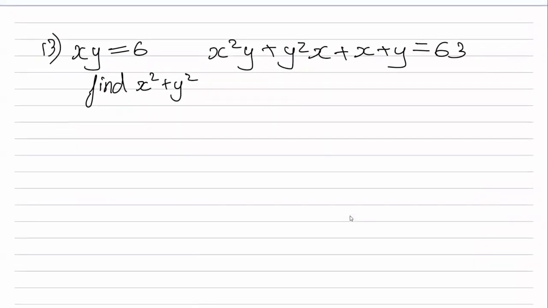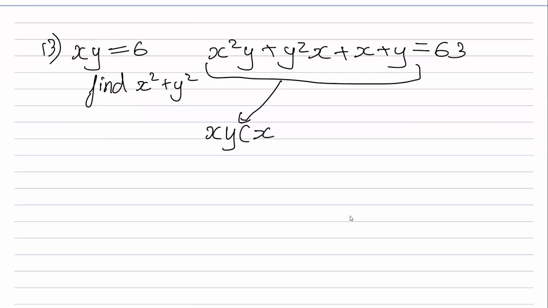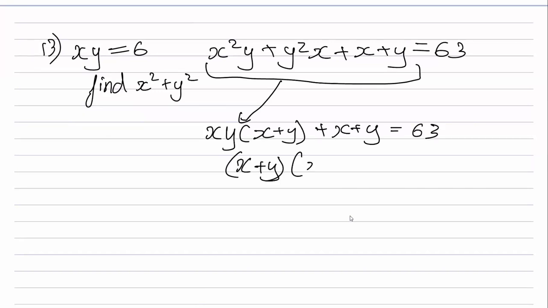We can factorize this over here as xy, x plus y plus x plus y equal to 63. And then this will be x plus y times xy plus 1 equal to 7 times 9, because 63 is 7 times 9.